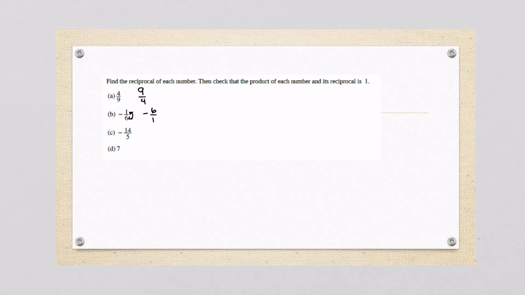So the reciprocal is negative 6 over 1, which is also negative 6. The reciprocal of negative 14/5 is just 5/14. And the reciprocal of 7, remember this is 7 over 1, so the reciprocal of 7 is 1/7.